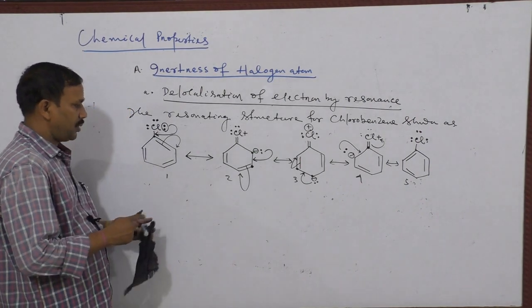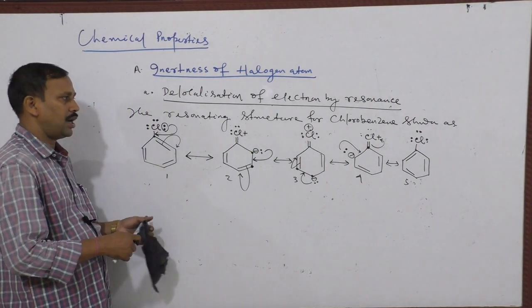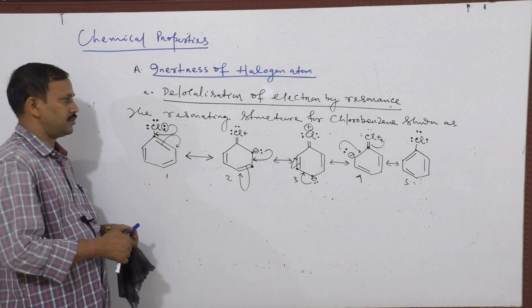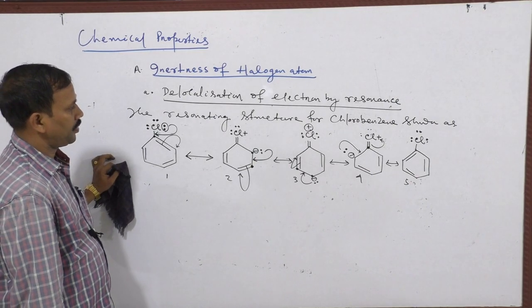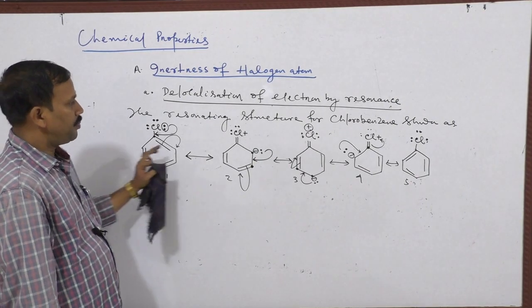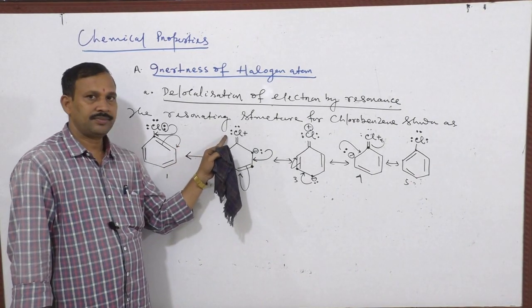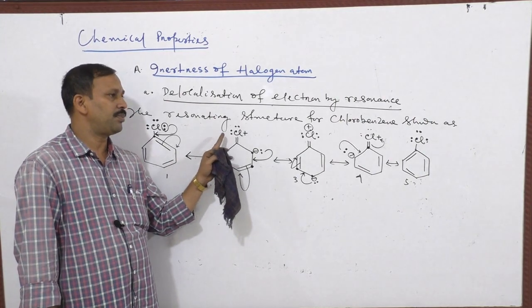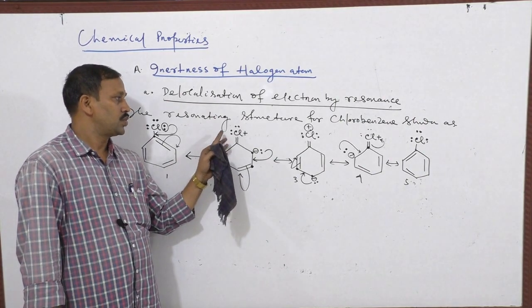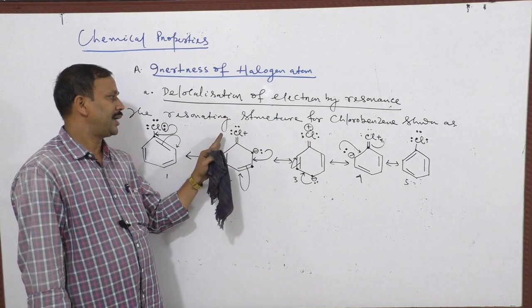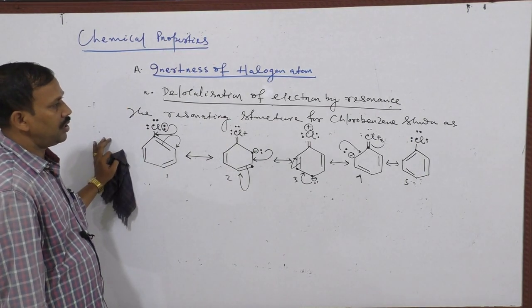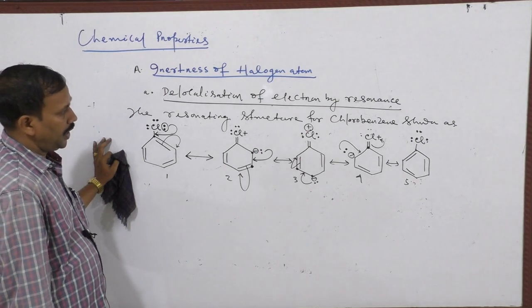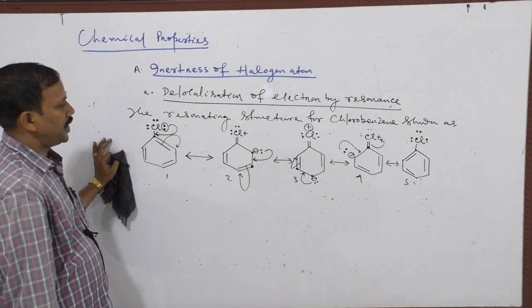Now the resonance phenomenon indicates halogen, a highly electronegative element, contains a positive charge on it. So the nucleophile cannot easily replace it. And also another situation arises.